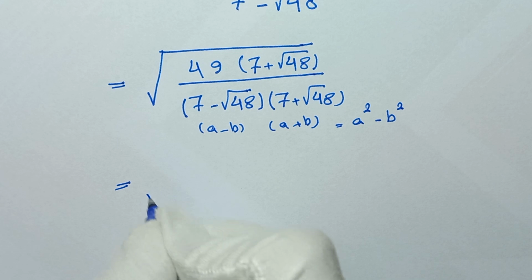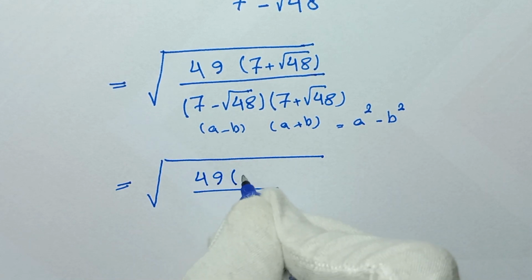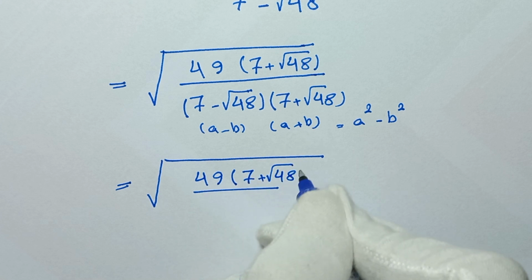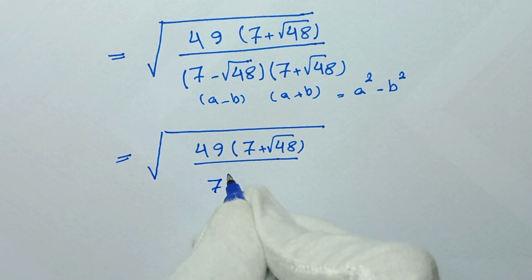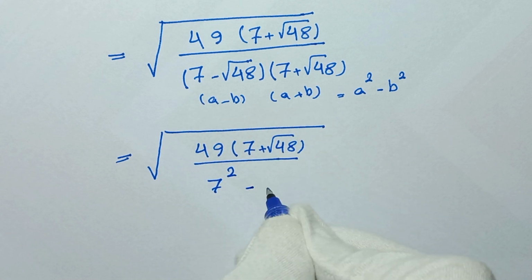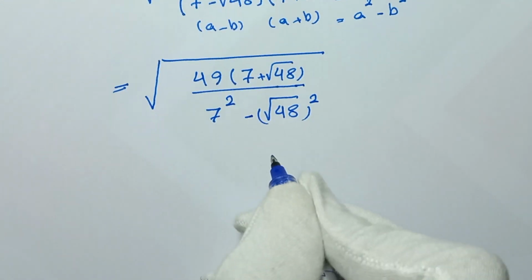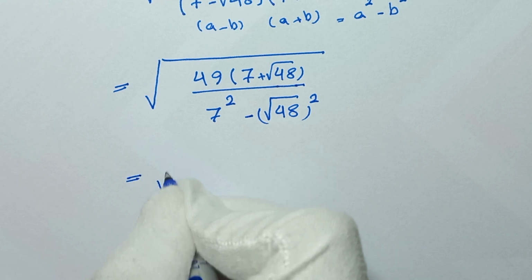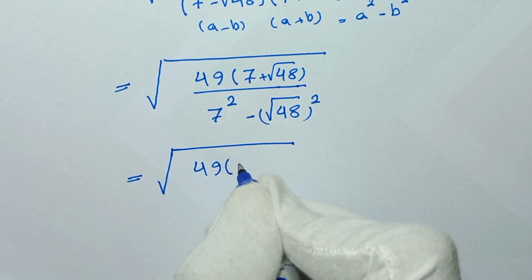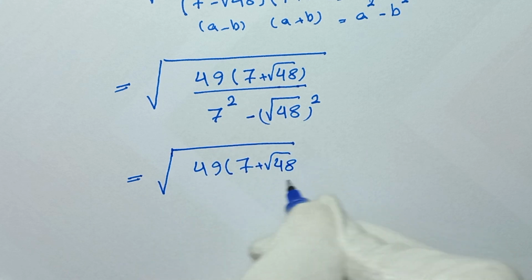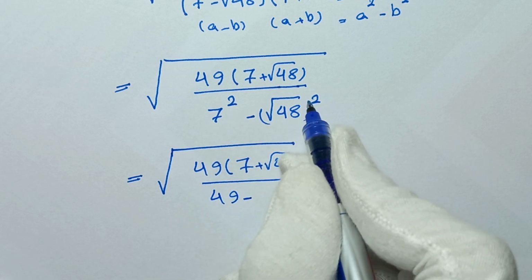So we can write the square root of 49 times 7 plus the square root of 48, over a squared, which is 7 squared, minus b squared, which is the square root of 48 squared.